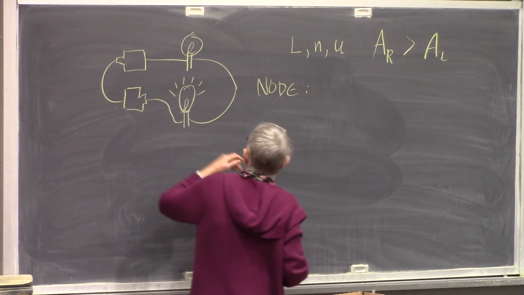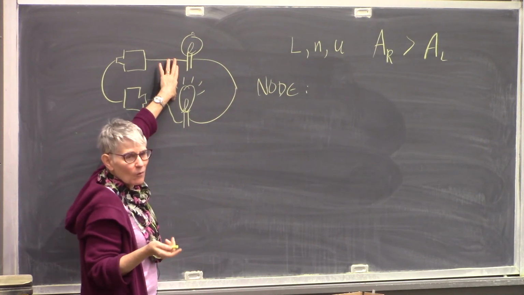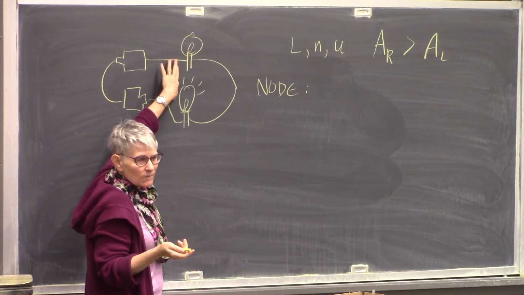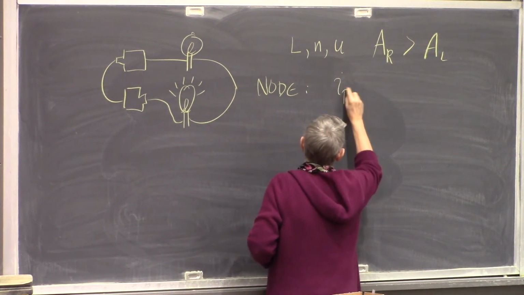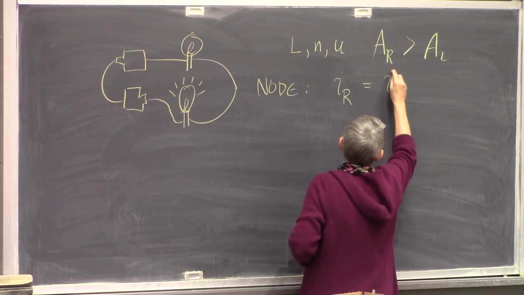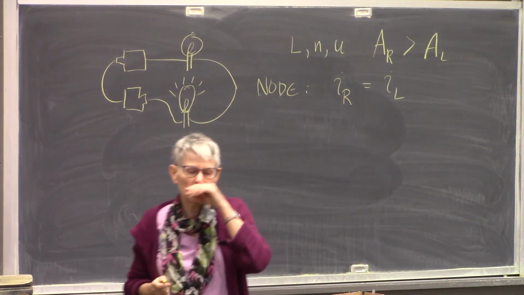The thing that we're focused on is the bulbs. So the node rule we're going to write just says the electron current through the round bulb is equal to the electron current through the long bulb in the steady state.